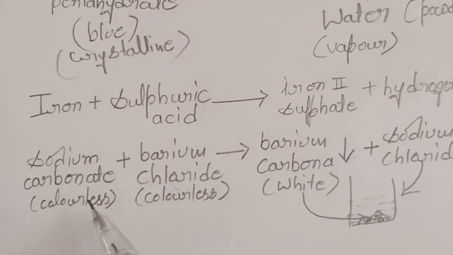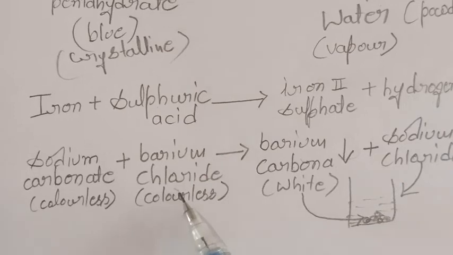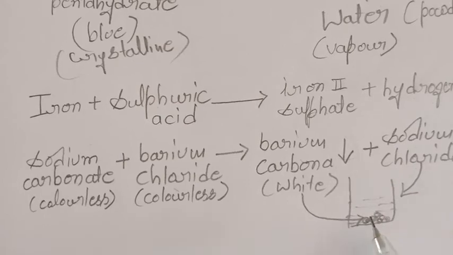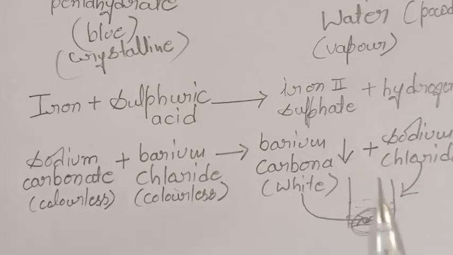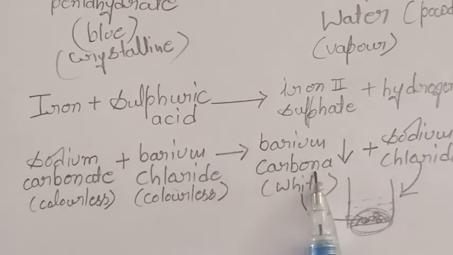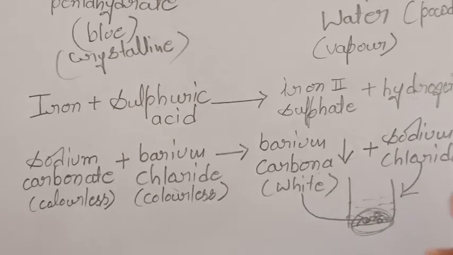So when we mix one solution with another and get a third solution, along with it we get some amount of solid that separates out from the solution, which is known as a precipitate. Here barium carbonate is a precipitate, which is shown by the downward arrow.